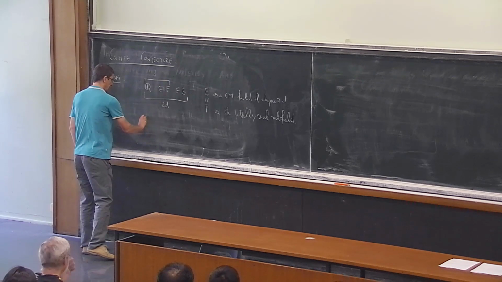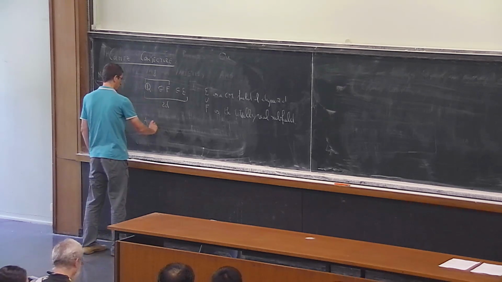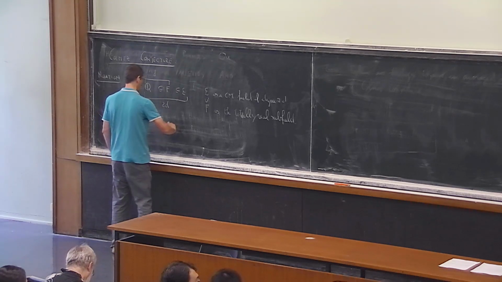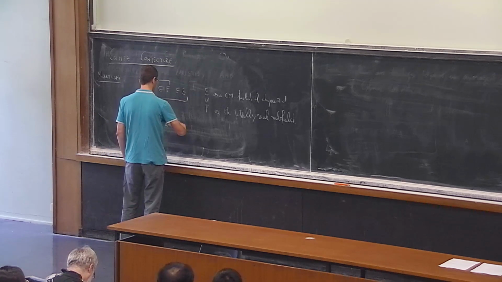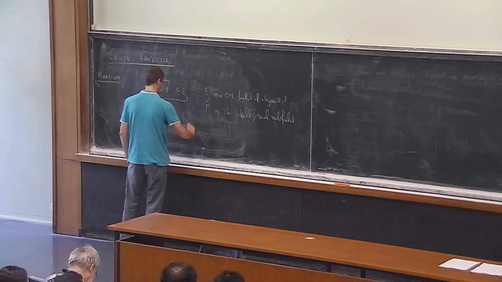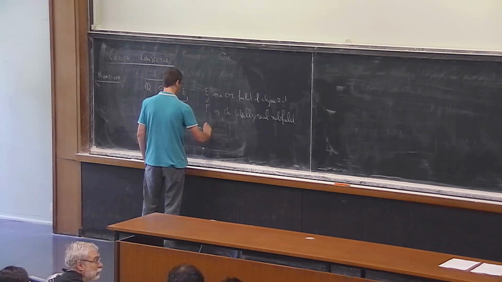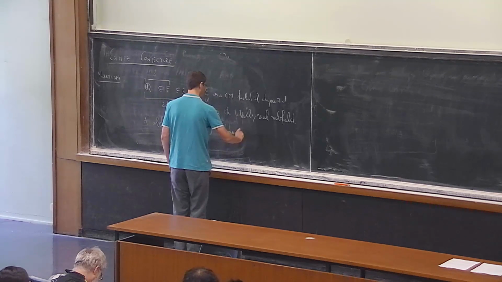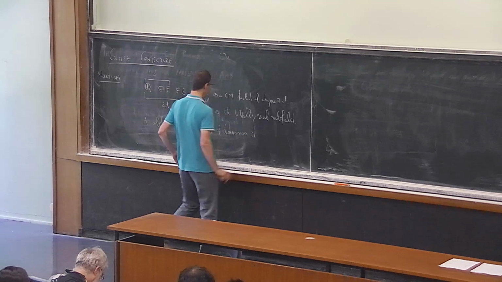And the second actor is A, which is an abelian variety over the complex numbers of dimension d.